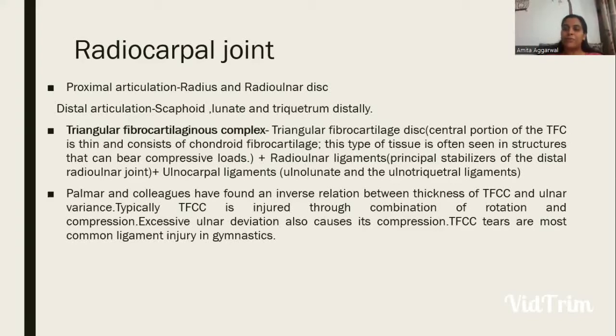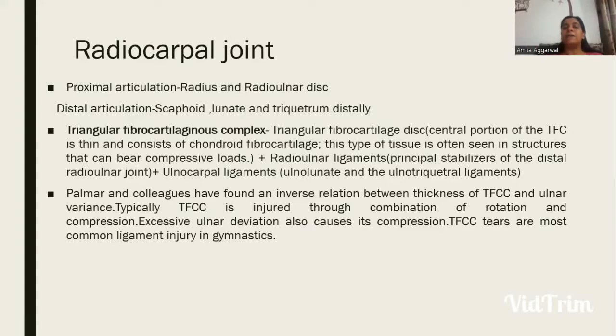This chondroid fibrocartilage is a type of tissue often seen in structures which have to bear a lot of compressive forces. It also has radioulnar ligaments, which are the principal stabilizers for the distal radioulnar joint, but they do contribute towards the wrist joint.